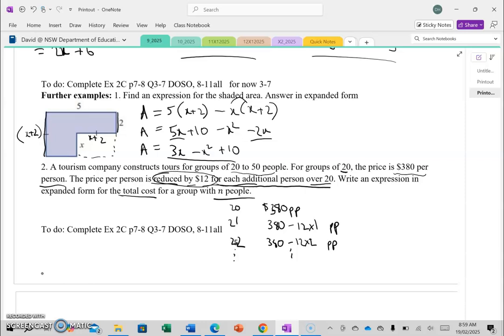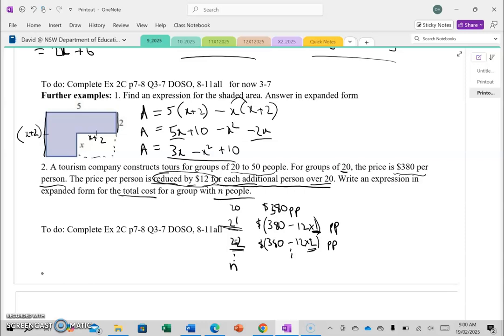So let's see if we can see a pattern here. Firstly, I'm going to work out the cost per person for n people. I might put brackets in dollars there. What I want you to note is that this number here, that 1, is 20 less than this. This number 2 is 20 less than this.